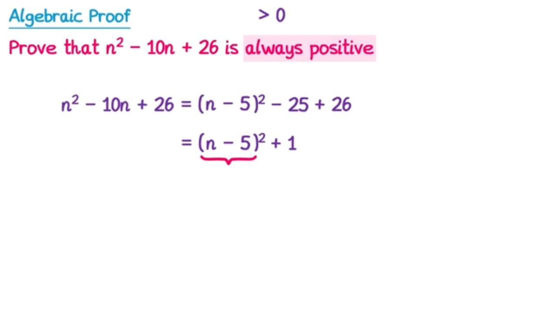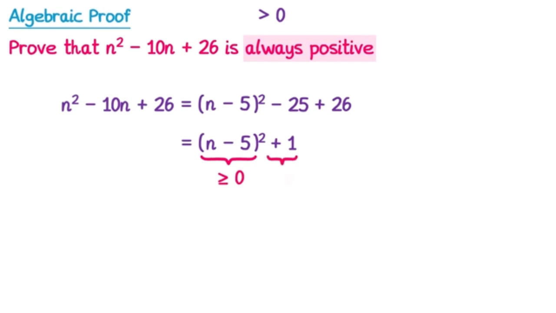If you square a negative number, like -3 times -3, you also get a positive number, positive 9. The lowest it could possibly be is 0. If you did 0 squared, you'd get 0. So this part here must be greater than or equal to 0.